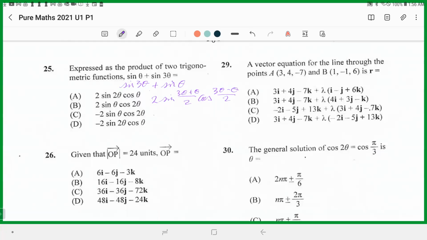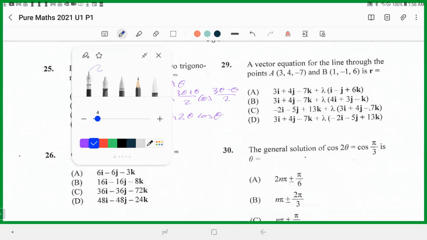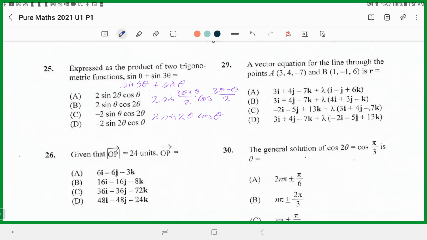So this will become 2 times the sine of, this becomes 2 theta, because 4 theta over 2 is 2 theta, and this becomes theta, because 3 theta minus theta is 2 theta over 2 is theta. That's the answer. The first one is the answer, right here.